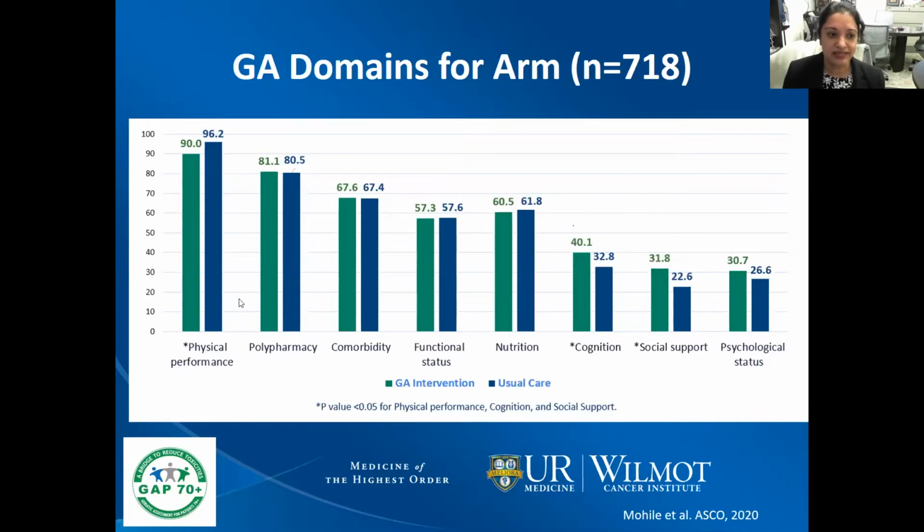Over 90% had physical performance domain impairments. Over 30% had cognitive impairments. And thinking through this, we know that we have almost no data on the safety and efficacy of cancer treatment in patients who have cognitive impairment. And yet these patients in the community are receiving treatment because we lack information on this data.